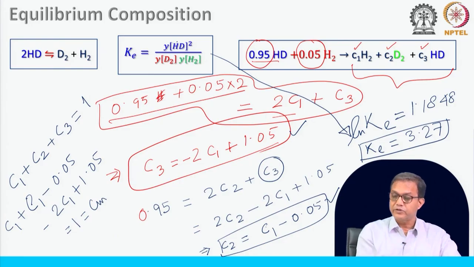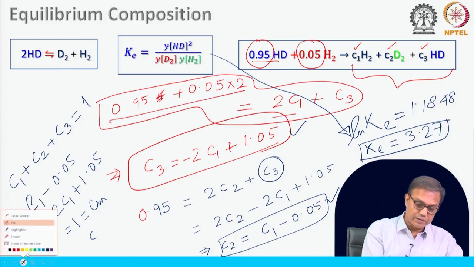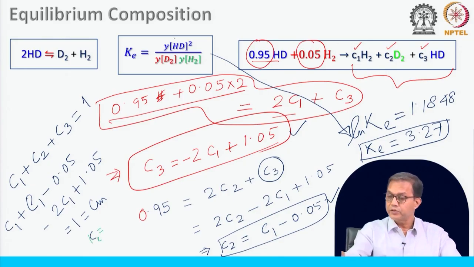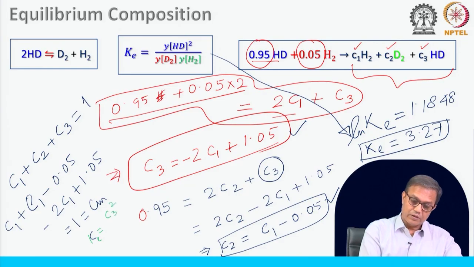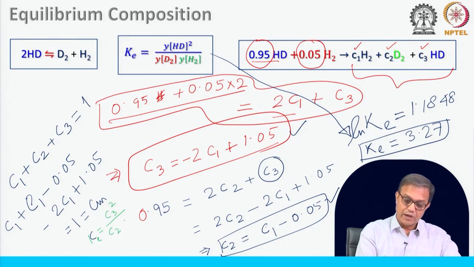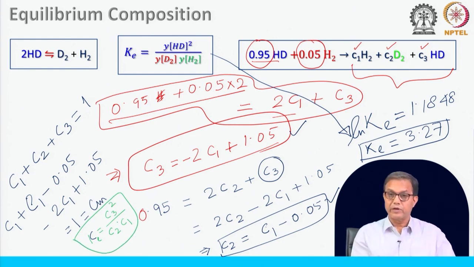This yHD is basically C3 squared. KE is equal to yHD, that is C3 squared, divided by yD2, that is C2, and yH2, that is C1. So, we have this third equation given as KE equals C3 squared by C2 into C1. Now these 3 equations can be solved to find out C1, C2 and C3.